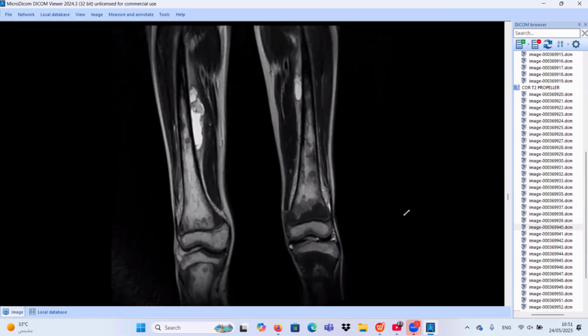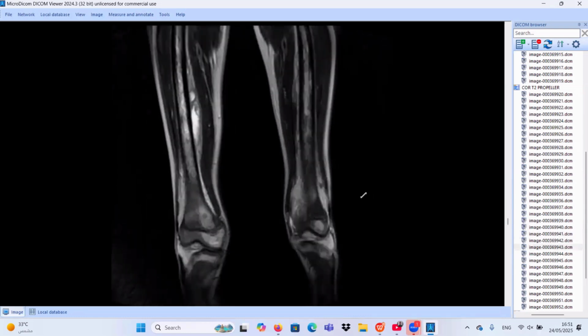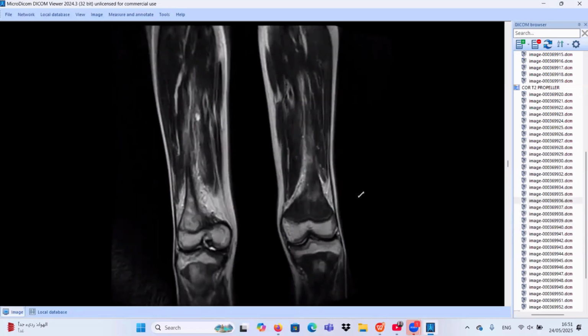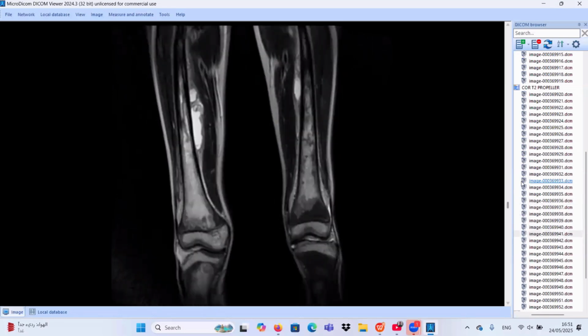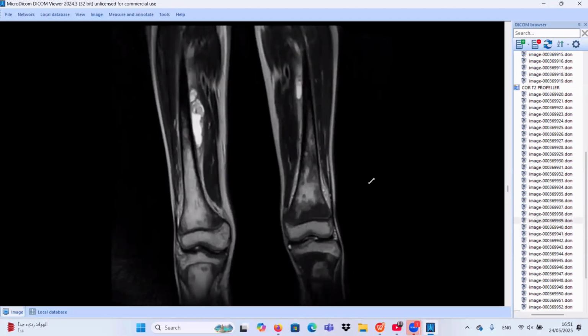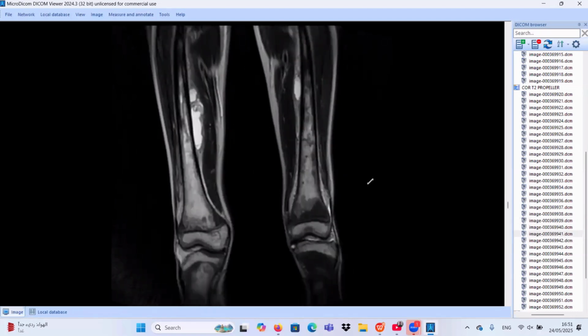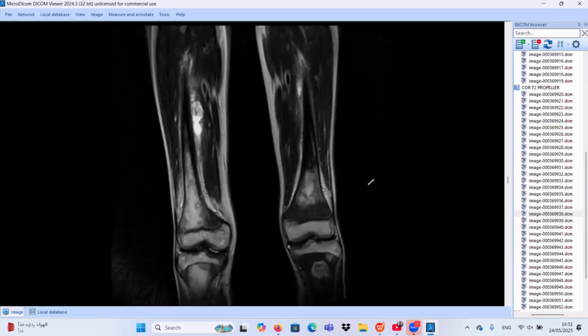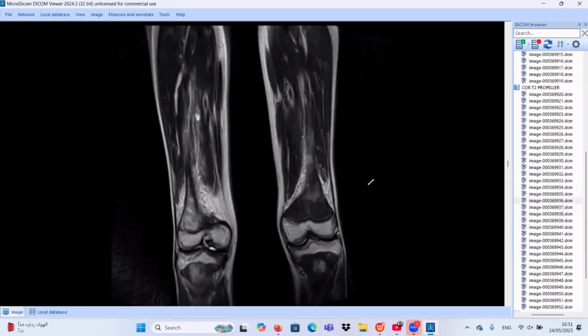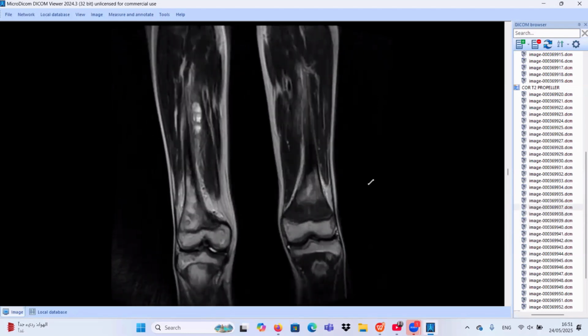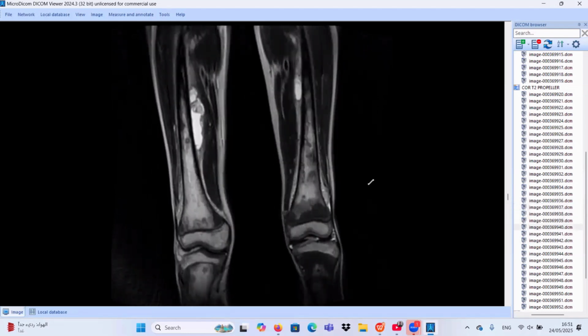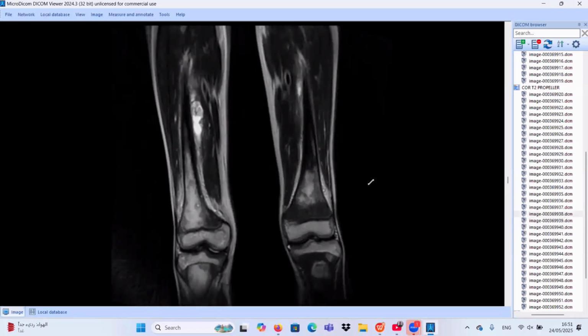This is maybe a child, and the hallmark is the abnormal marrow signal of both femora and both tibial bones. There is heterogeneity of the bone marrow, and there are multiple focal lesions infiltrating the marrow. Also, around both mid shafts, there are some fluid collections. Very good. Along the medial aspect of both femoral shafts. Yes.